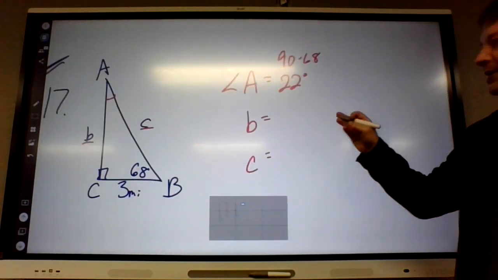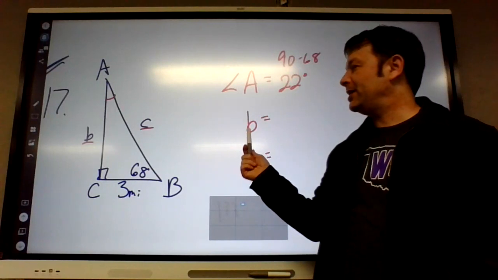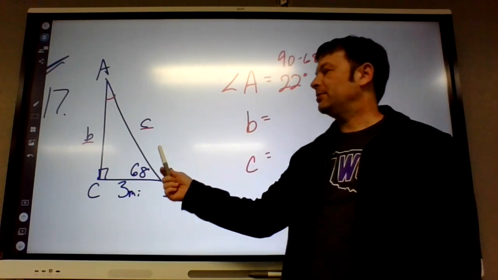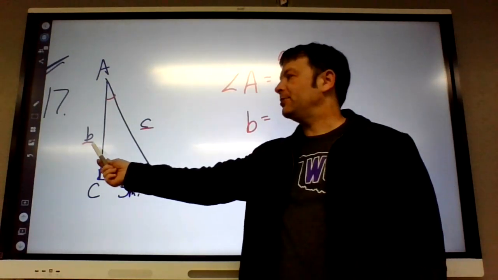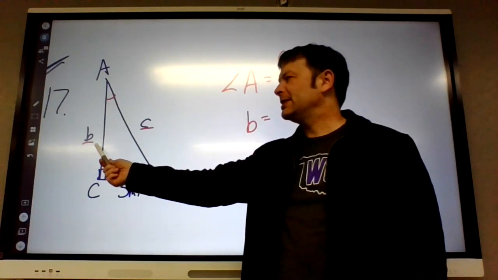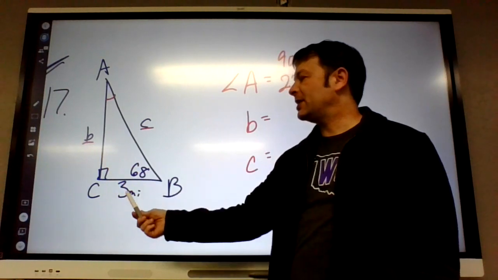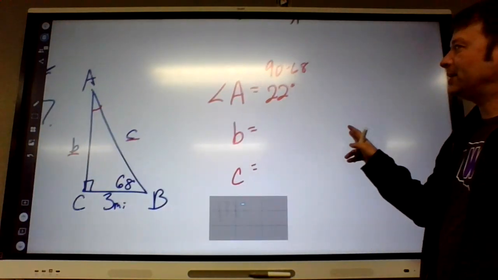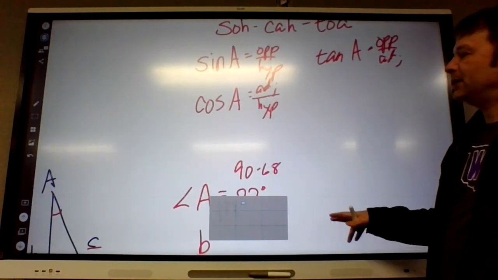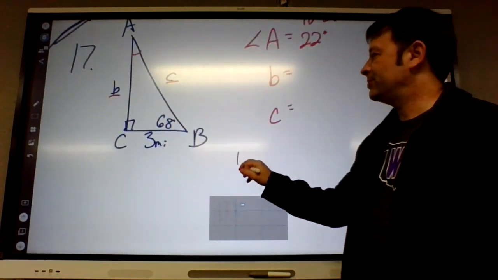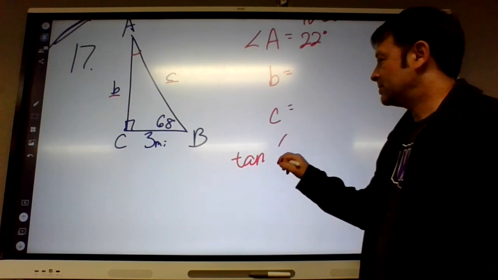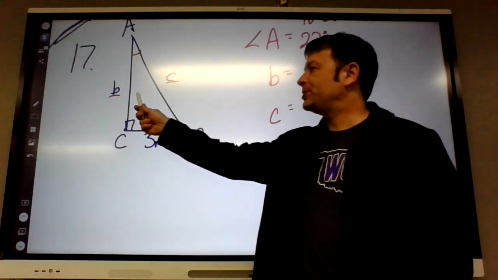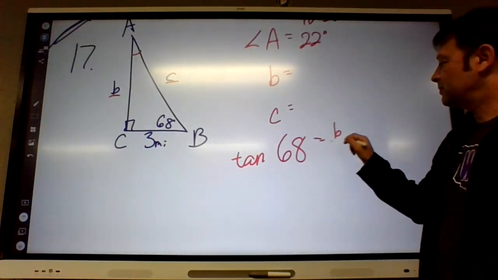Okay, so if I am finding side B, I need to start with the angle. Relative to this angle, B is the opposite side. The side I know is the adjacent. Which trig function does opposite and adjacent? Tangent. So tangent of 68 equals opposite over adjacent.